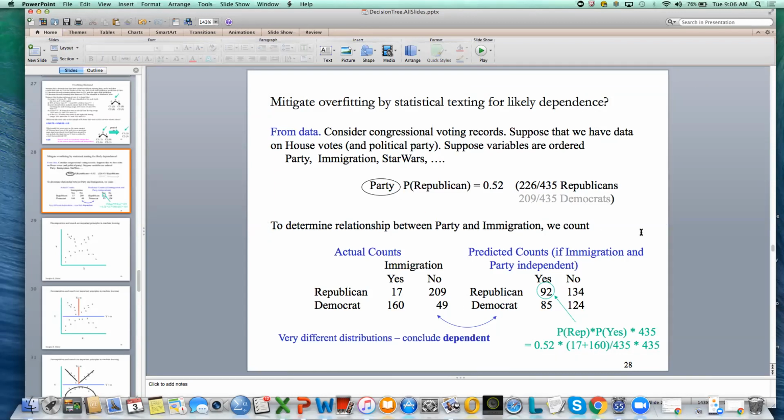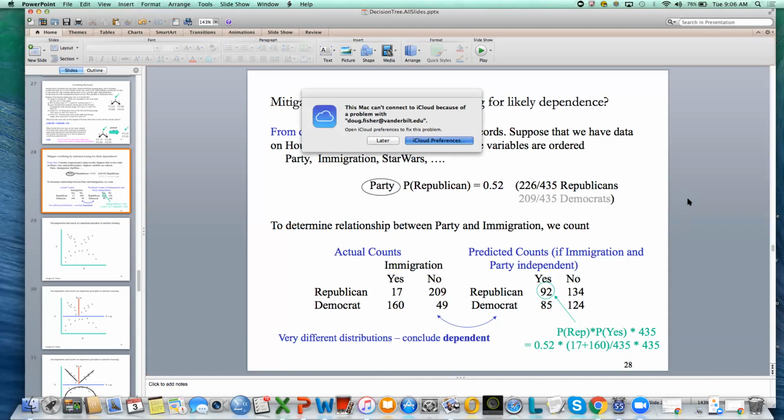But if you want to go dig up voting records, just go to Congressional Quarterly, you can get voting records for Congress and run a decision tree algorithm on them. I think it's interesting to look at. And you can look in various kinds of detail.